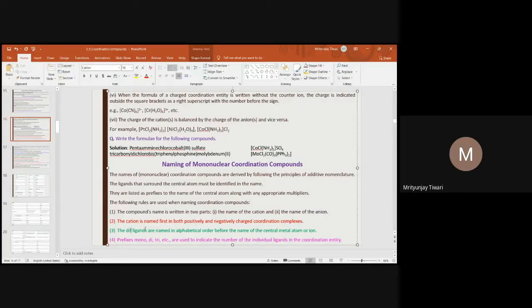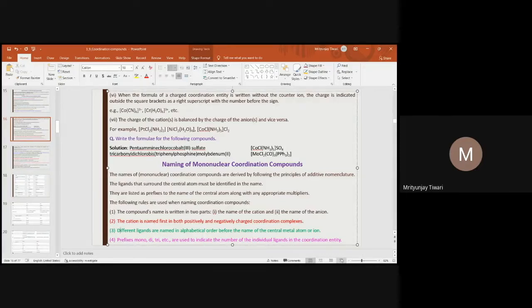Different ligands are named in alphabetical order before the name of the central metal.